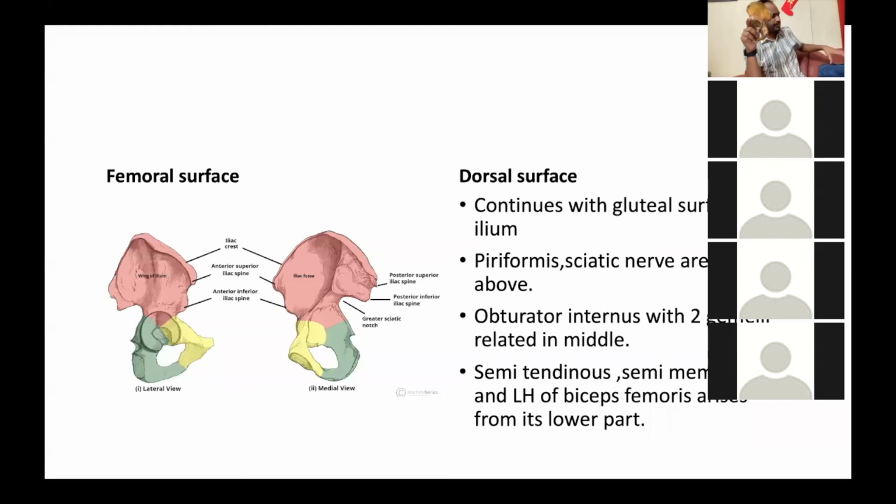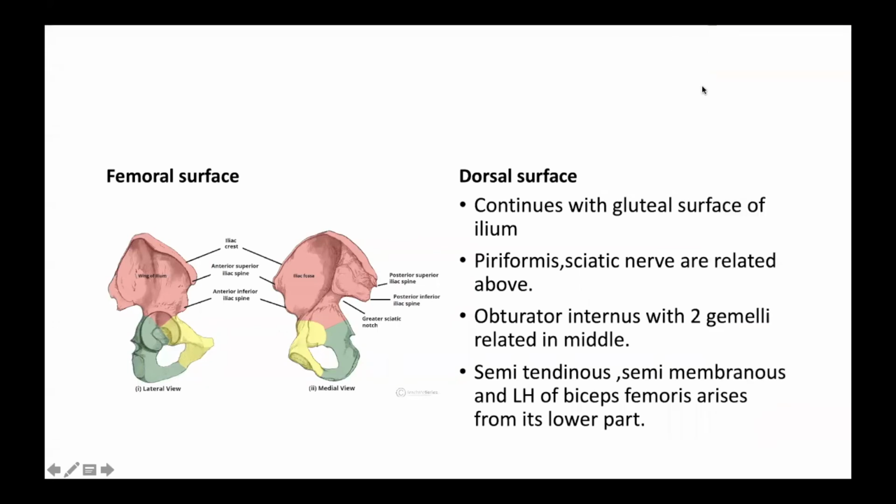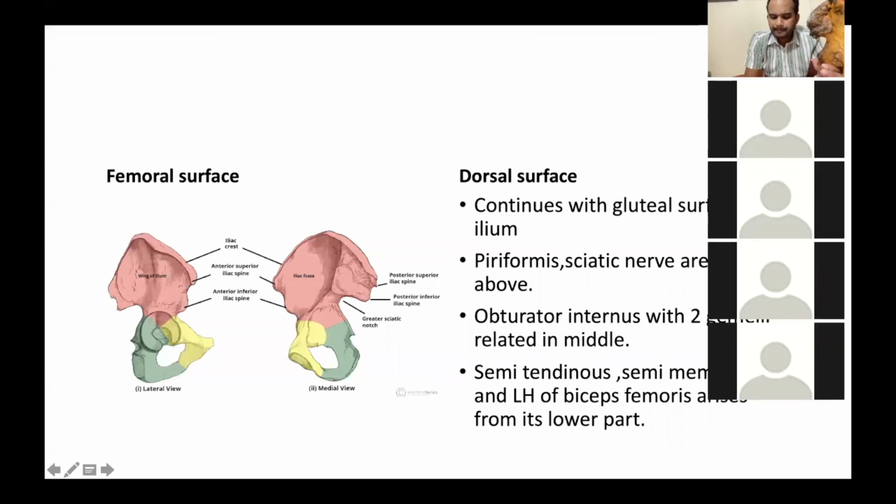This dorsal surface has three areas: the upper area, the middle area, and the lower area.